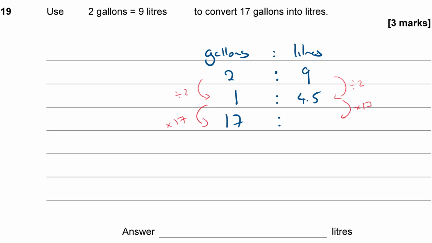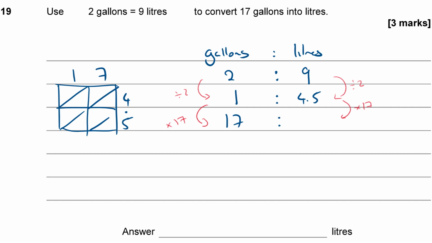How do you do your multiplication? Different ways of doing multiplication. I quite like Napier's bones as a method of multiplying. So 17 and 4.5 that way. So 1 4s are 4, 7 4s are 28, 1 5 is 5, and 7 5s are 35.